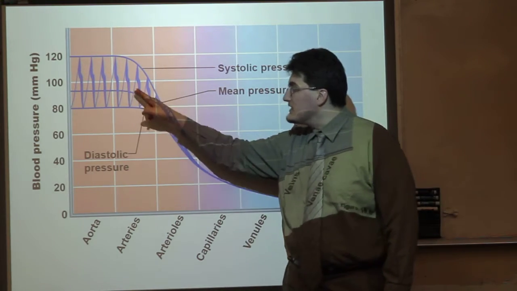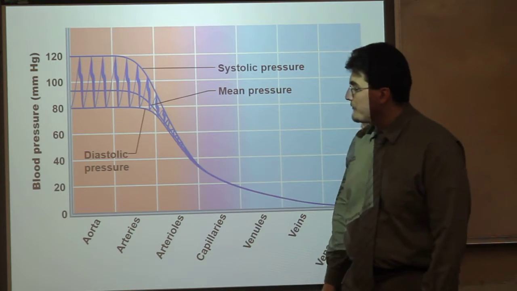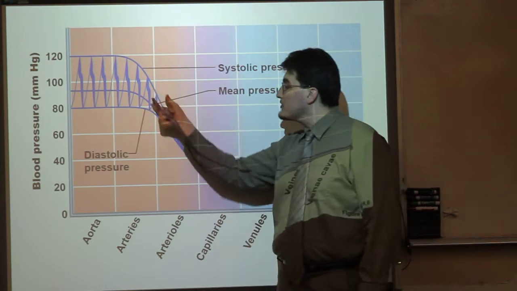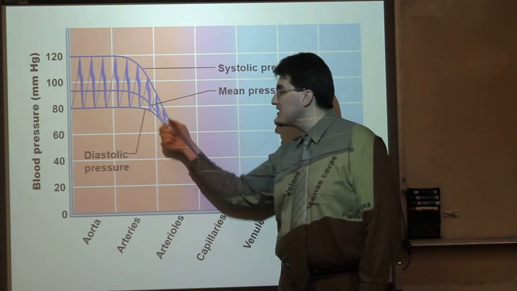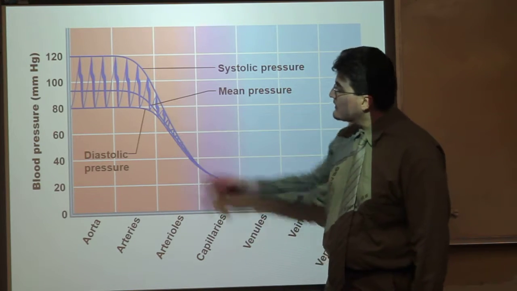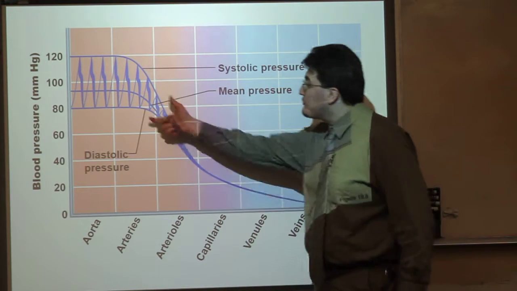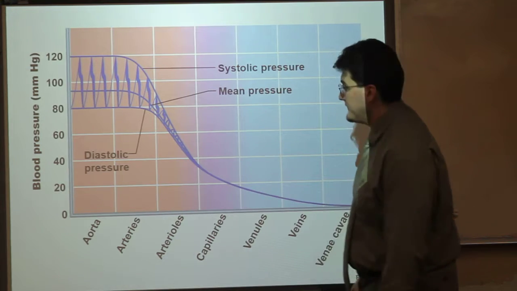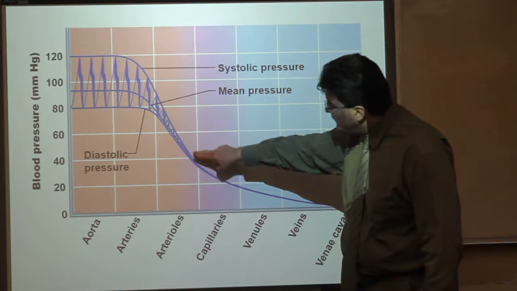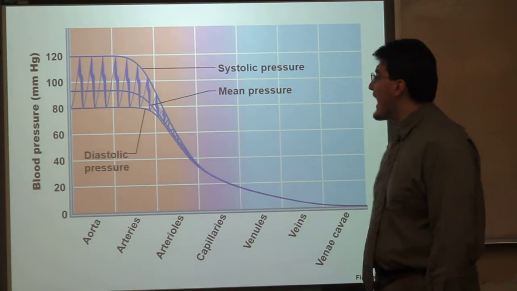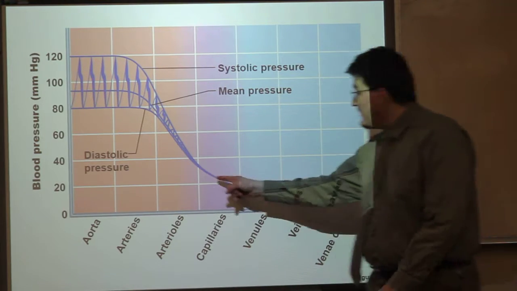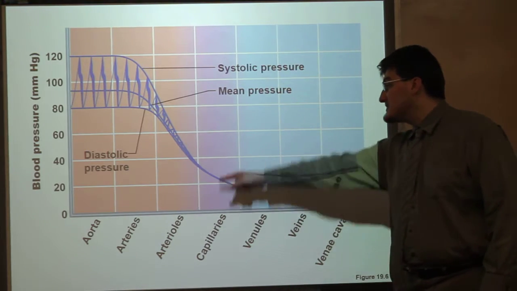Your mean pressure is going to drop for sure, though. In your arterioles, your systolic pressure and your diastolic pressure are going to drop, but your systolic is going to drop faster. These pressures are going to approach each other. Eventually, they will meet as you approach the capillaries. Then they'll meet in the capillaries and they'll be the same pressure.